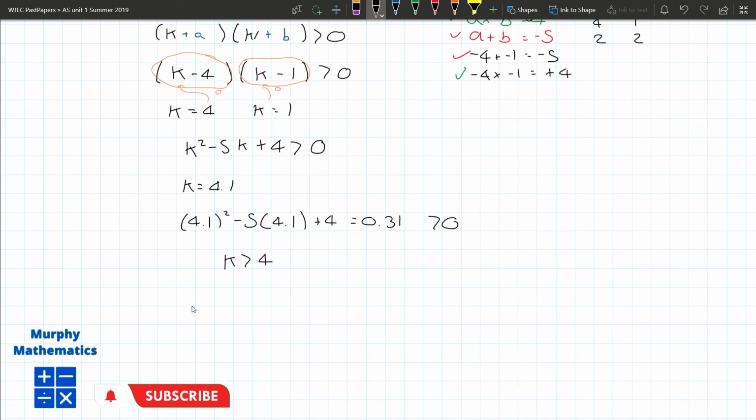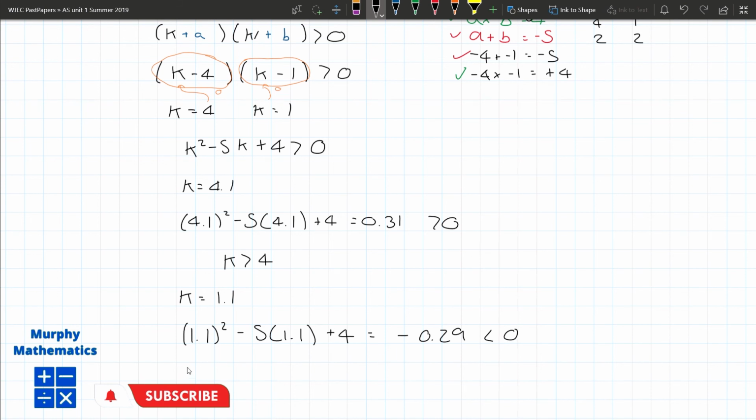So we know k squared minus 5k plus 4 is greater than 0. So if we use k equals, let's try 1.1, we're going to have 1.1 squared minus 5 lots of 1.1 plus 4. And putting it into a calculator, here we've got minus 0.29, which is giving us less than 0. So we know we're on the wrong side of 1.